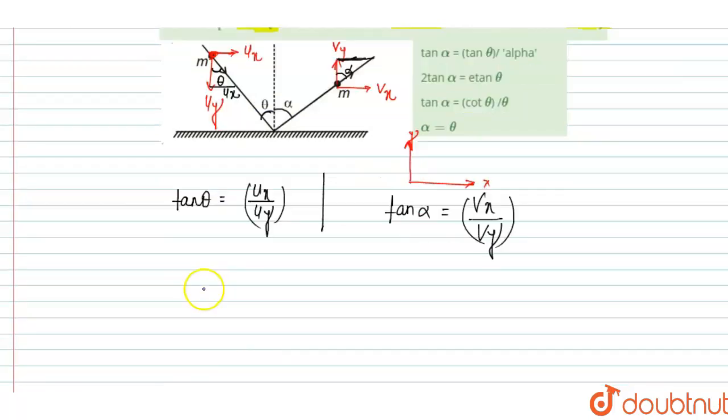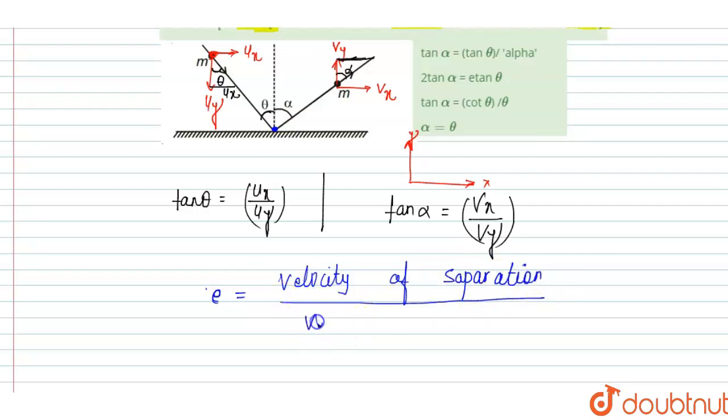Given that this collision is not elastic, that means in an inelastic collision, the coefficient of restitution, denoted as E, is defined as velocity of separation upon velocity of approach.